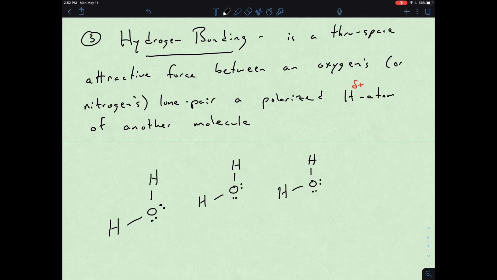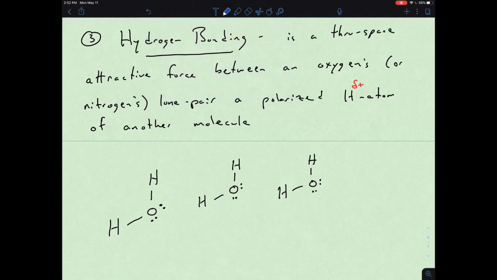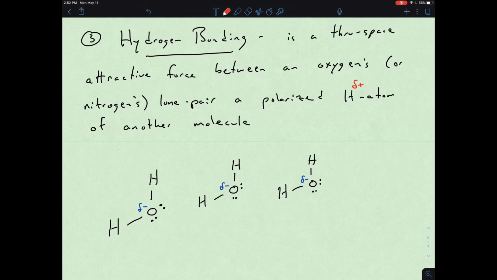Right, so here's a bunch of H2O molecules, and if we look at the H2O, we have a delta minus, which is the oxygen, and then each one of these hydrogens is actually polarized because of the differences in electronegativity that we have. And this is the hydrogen bond.